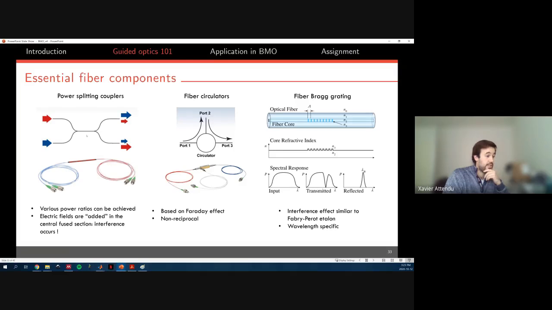What's also very interesting is that when you use both inputs of, for example, a 50-50 coupler, the electrical fields in each branch are added in the center, which means that the interference can occur in the center of the fiber coupler.